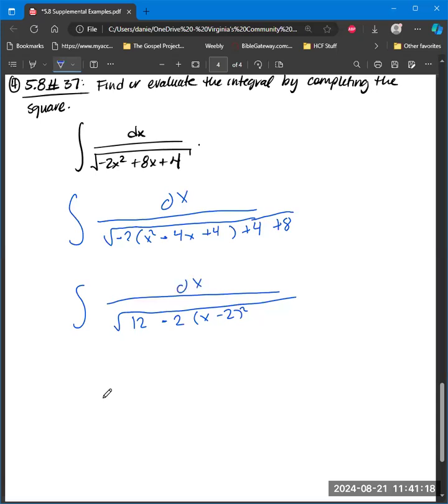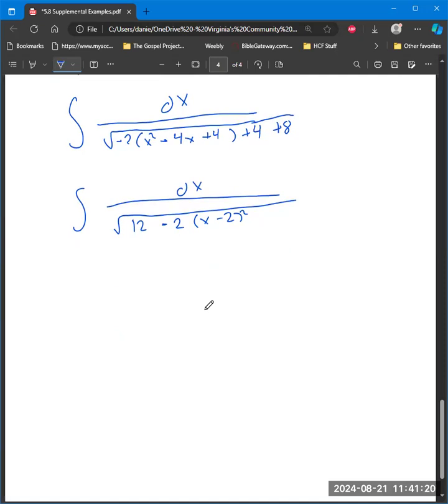And I don't like that common factor of 2 there. I want to take that out. So I want 6 minus (x minus 2) squared like so. And I want a square root of 2 to come out here. So that's going to come out front like this.